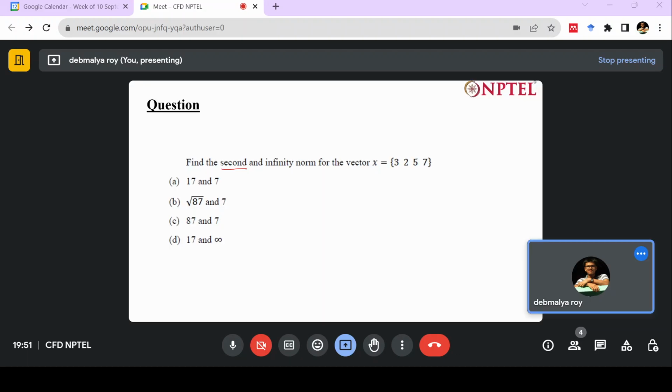What is there in that portion? Am I missing some portion that is there in this problem in your syllabus? Yeah.